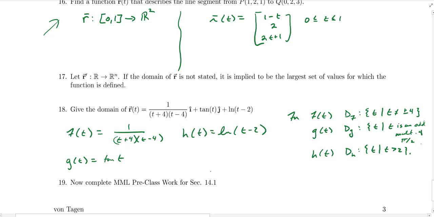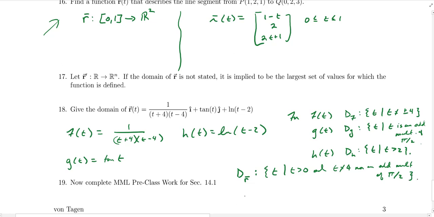So if we want the domain of this function r, we need to take the largest set for which all these components are defined, and so the domain of the function r here is going to be the set of values t such that t is greater than 2, and t does not equal 4, nor an odd multiple of pi over 2. That's really awkward to write out.